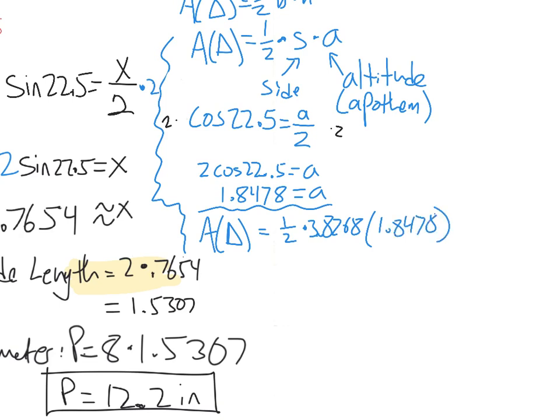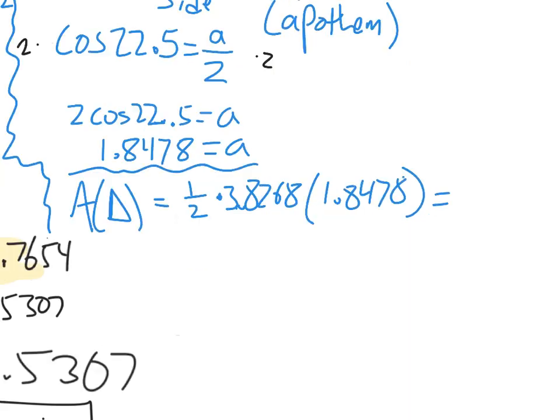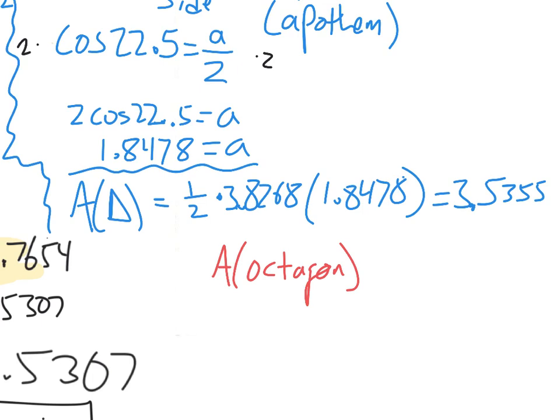Okay, that's going to give us the triangle. And then when we put that in our calculator, we get 3.5355. Okay. Now that's one triangle. So keep in mind that's one triangle. So the area of the octagon, what do we have to multiply that by? Well, octagon means 8, so multiply that by 8. And we're done.